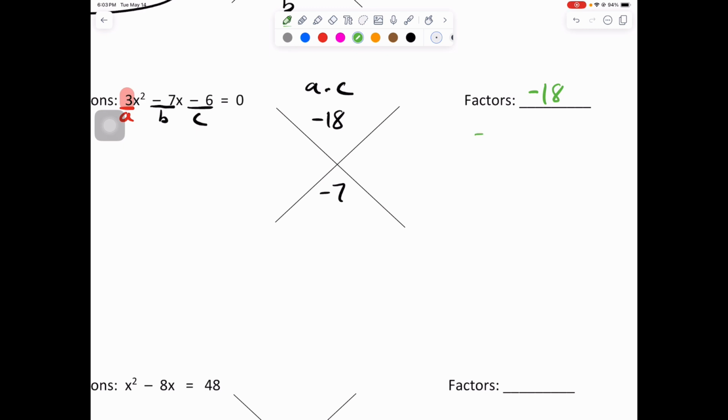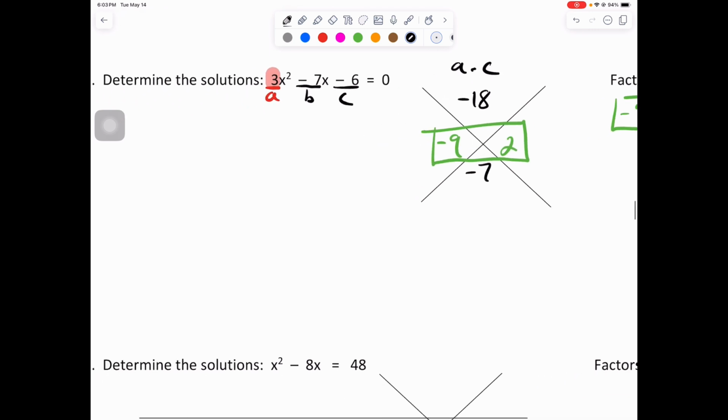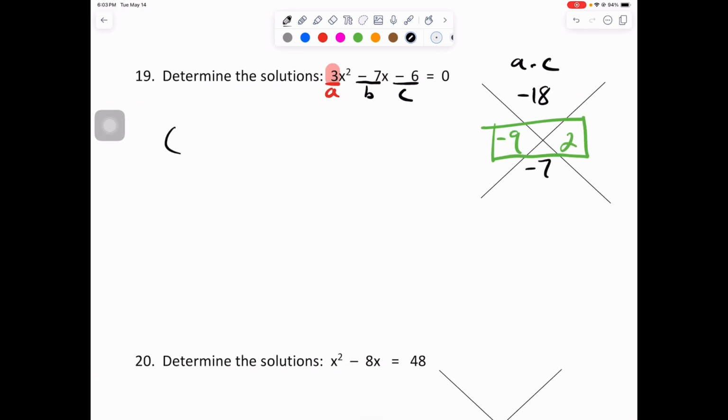We have -9 times 2, and yes, that does work right away because -9 times 2 gives us -18, and -9 plus 2 gives us -7. So we're going to use those right away, and let's take a look at how we find these solutions.